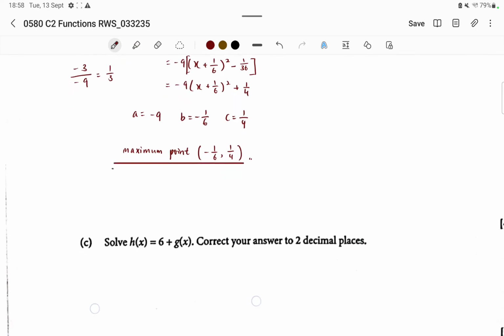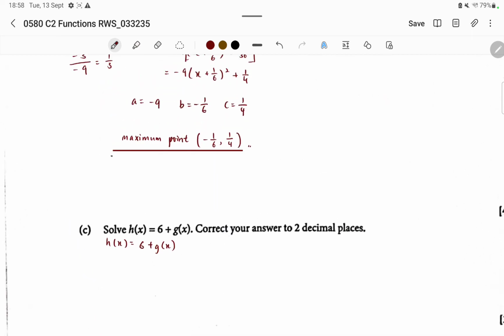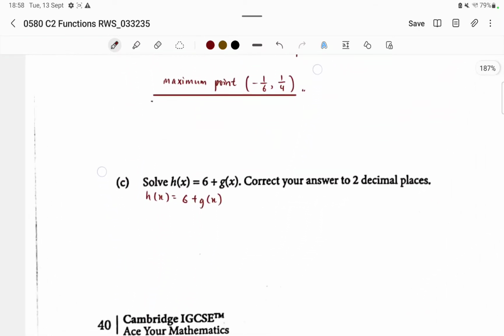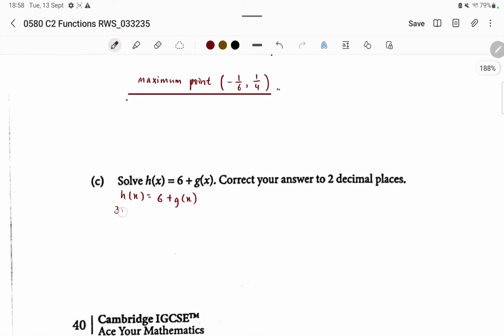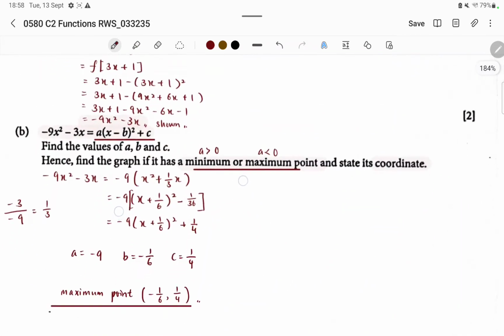Okay, let's look at C. Solve h(x) equals to C. Okay, this one, write down first. 6 plus g(x). And then after that, h(x) is what? 3x plus 1. So 3x plus 1 equals to 6 plus 4 over x.